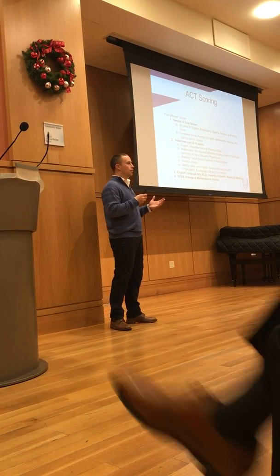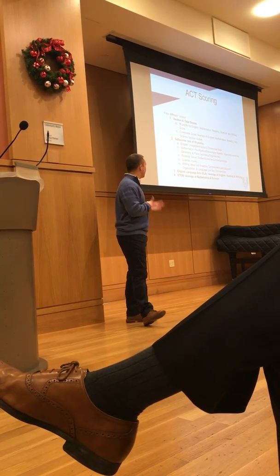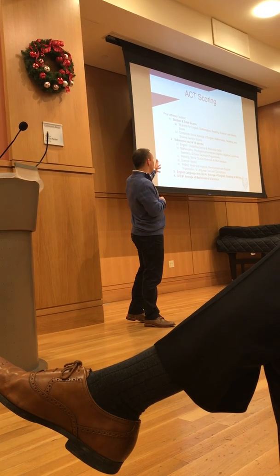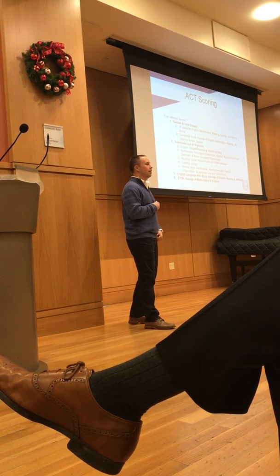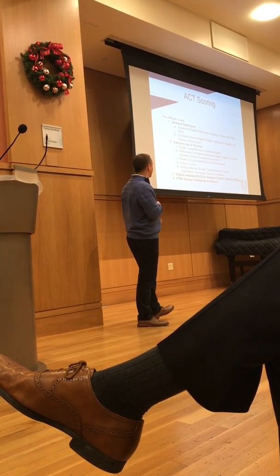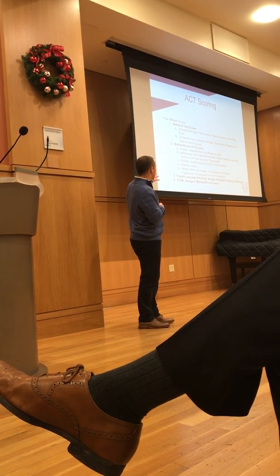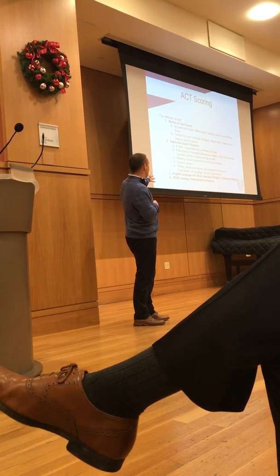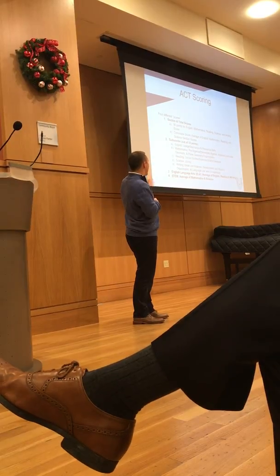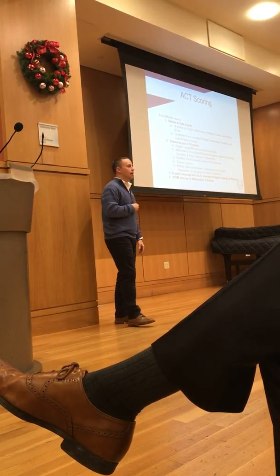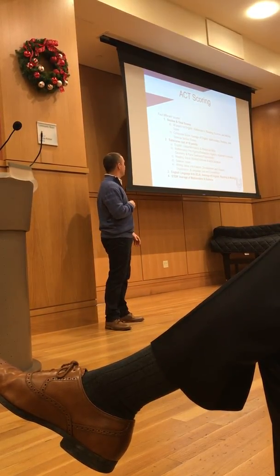Again, you'll see some similarities here, not unintentional by the SAT. The ACT has these subscores. It then has this cross-sectional piece as well, which is English language arts and then the STEM piece as well. So that's how the ACT is structured.